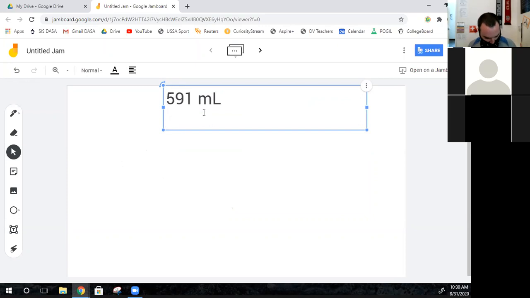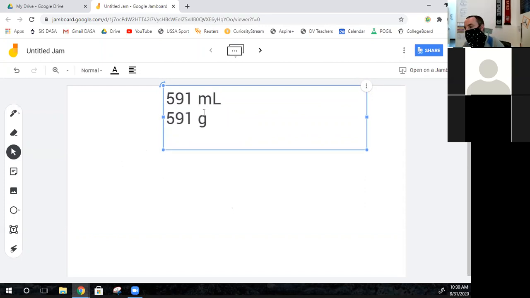A milliliter of water, this is actually super handy. A milliliter of water weighs 1 gram. So that is 591 grams of water.